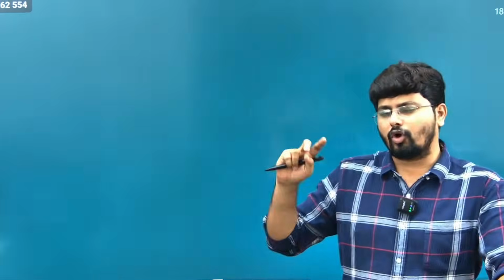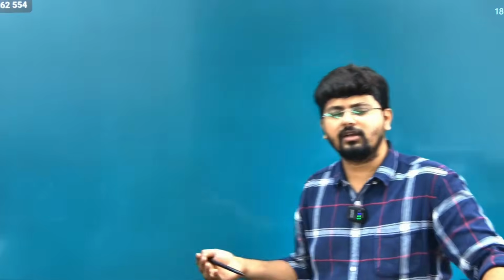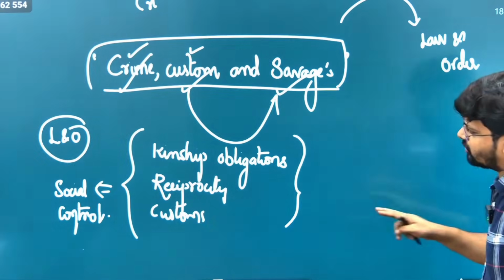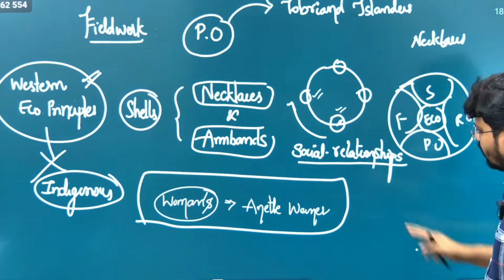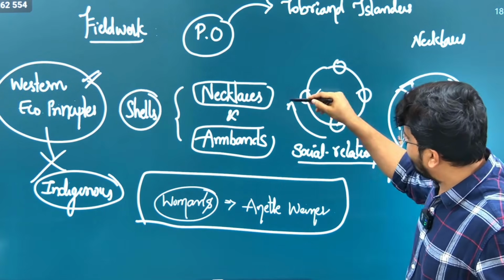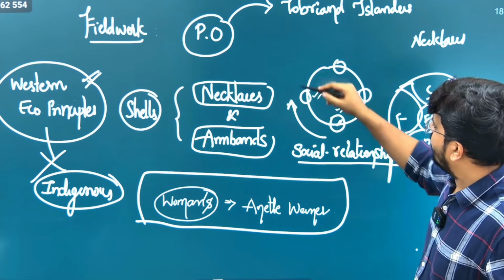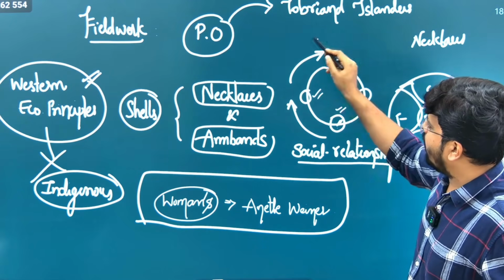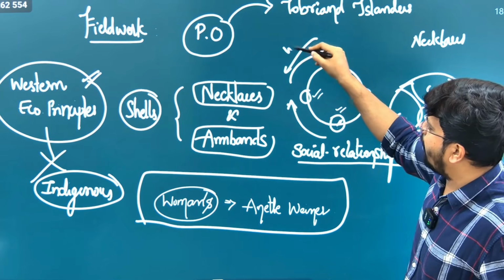While talking about Malinowski, you should utilize the scholar in Unit 3, Economic Organization, when you talk about reciprocity and how collaring works. In one direction they exchange the red necklaces, in the other direction they exchange the white armbands.